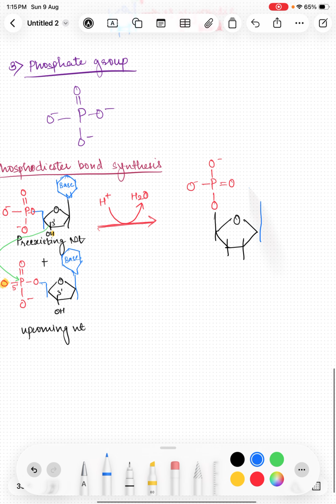So this was your pre-existing nucleotide, and this 3' OH, when it will attack the 5' phosphate, it will form bond with 5' phosphate.